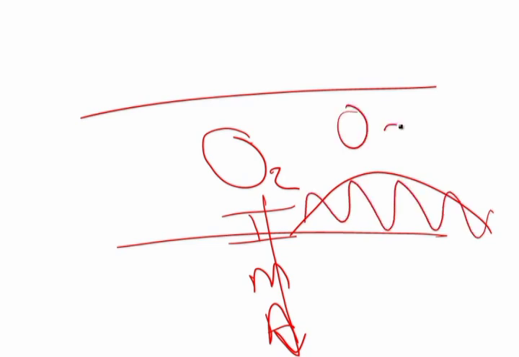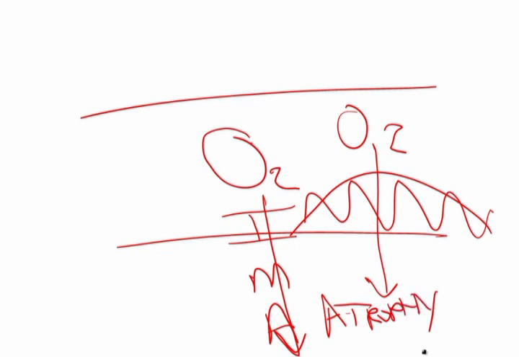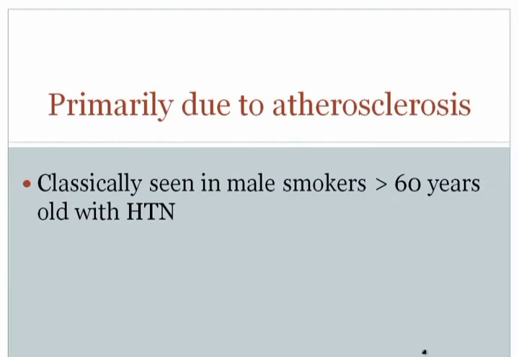Now they've thickened that diffusion barrier for oxygen to be able to feed the wall. That's going to result in less oxygen getting to the wall, and so you're going to get atrophy of the wall. And when you get atrophy of the wall, that's going to create weakness within the wall, which will then allow for that balloon-like dilatation to occur. So that's why I say here in your text that it's predominantly due to atherosclerosis.